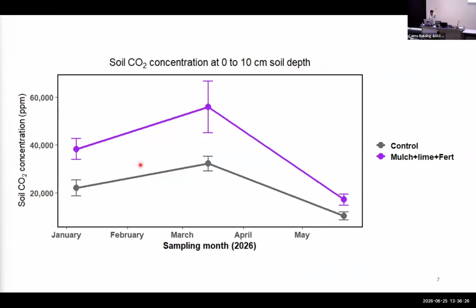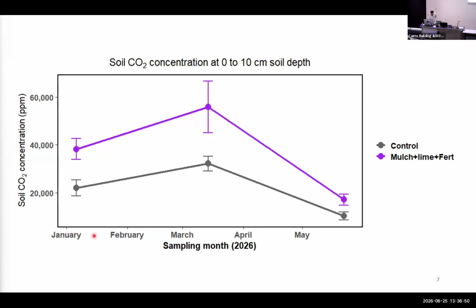As I mentioned earlier, we have 12 plots for carbon dioxide measurement. This covers the whole wet season. We started sampling in early January up to May.